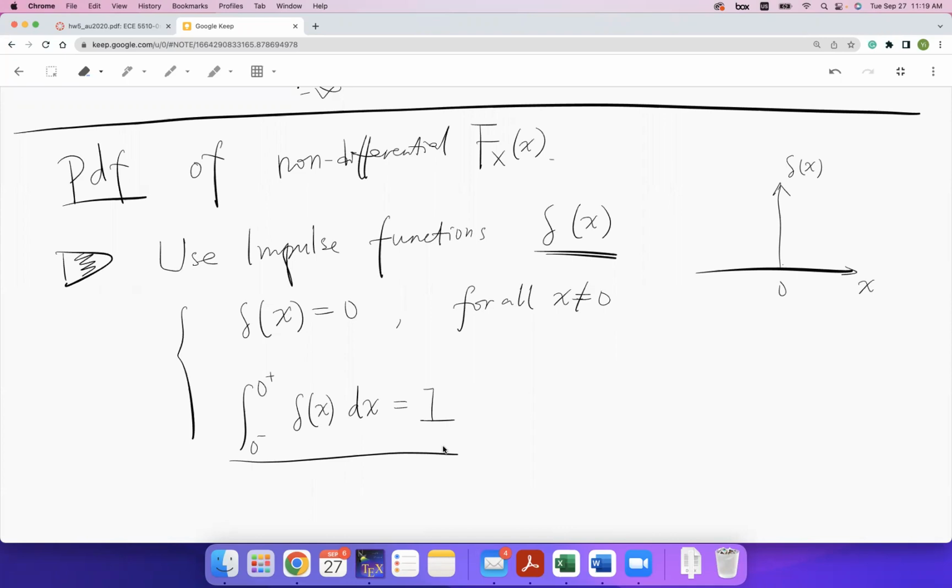So these two properties implicitly define the impulse function. The impulse function does not have an analytical expression at the origin; it is not well defined there. The way we use this impulse function is to leverage these two properties.